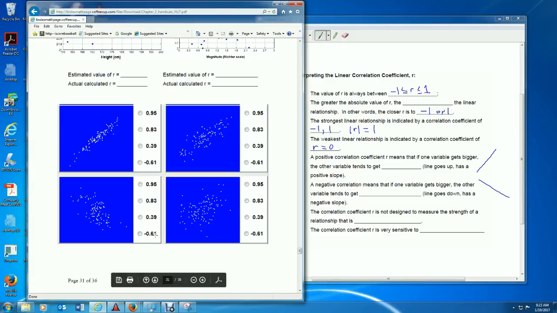It corresponds to the negative 0.61. And then just using the process of elimination, this correlation is clearly tighter. It's more of a straight line than this one. This is looser, more scattered. So therefore, this one corresponds to 0.83. This one corresponds to 0.39.